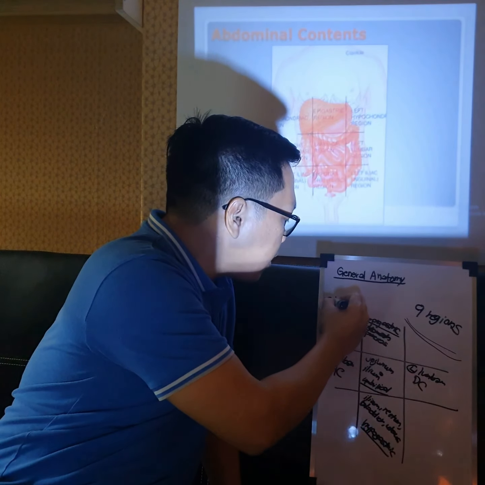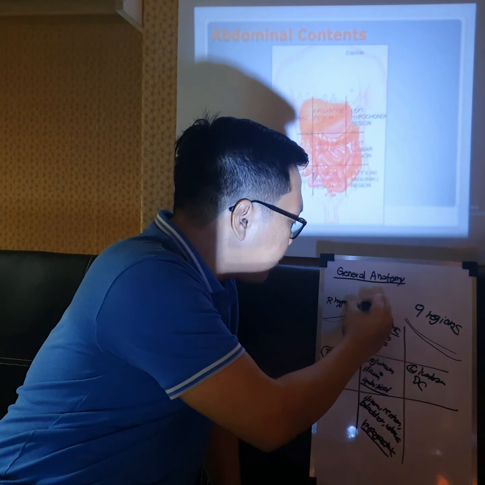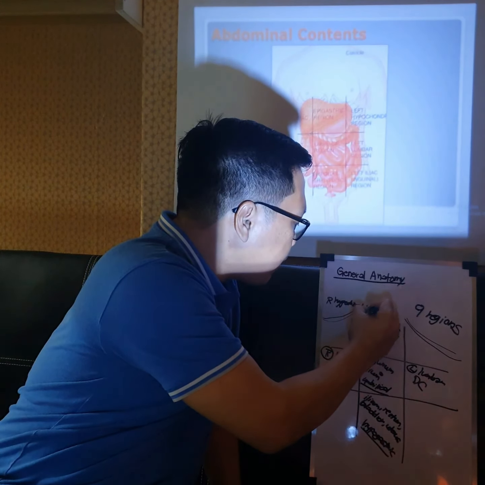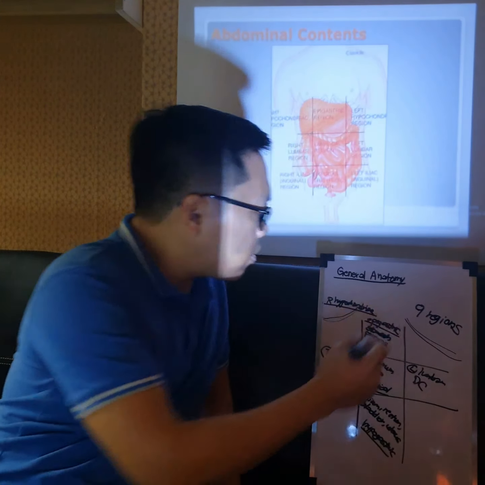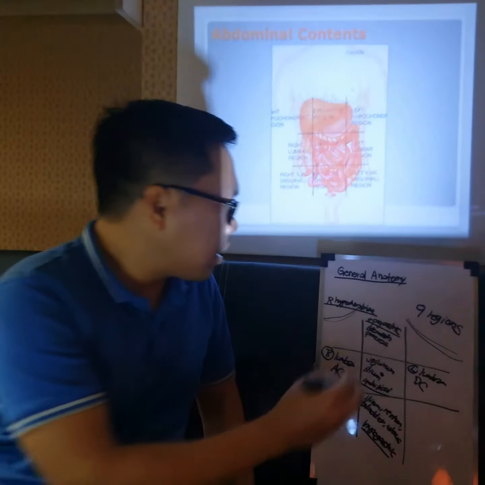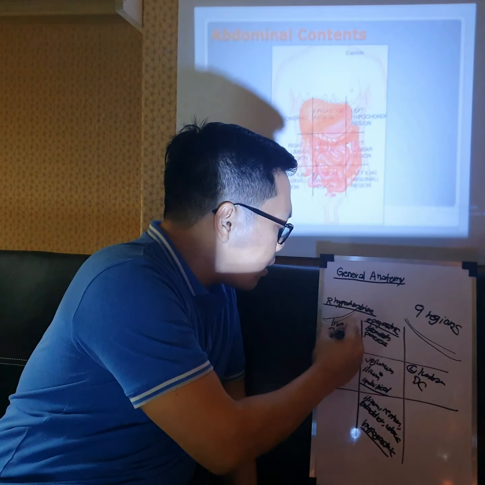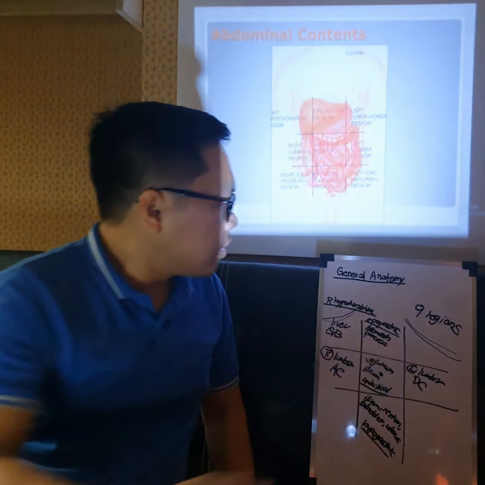And what do we see dito sa ito? Right hypochondriac. Itong right hypochondriac, what do we see there? The liver and also the gallbladder. Liver and the GB or the gallbladder.